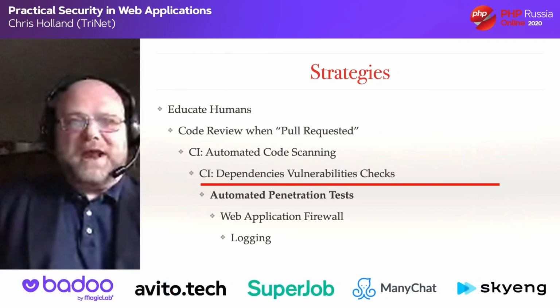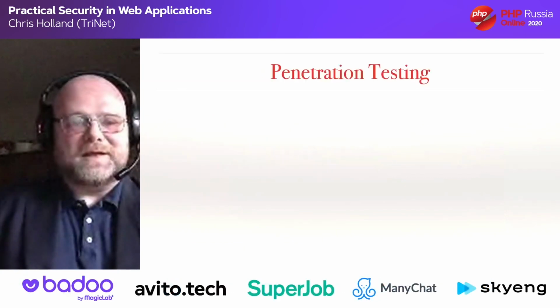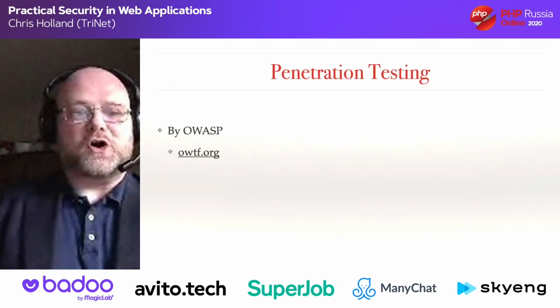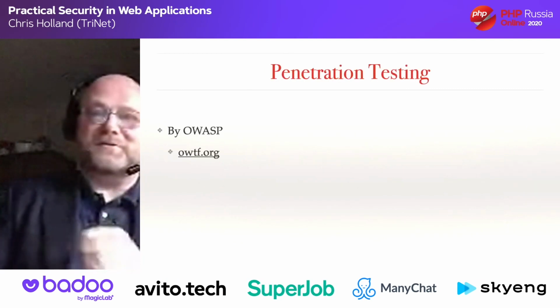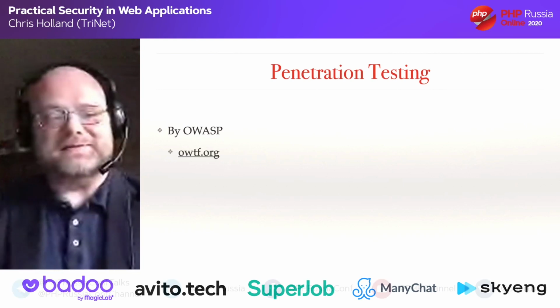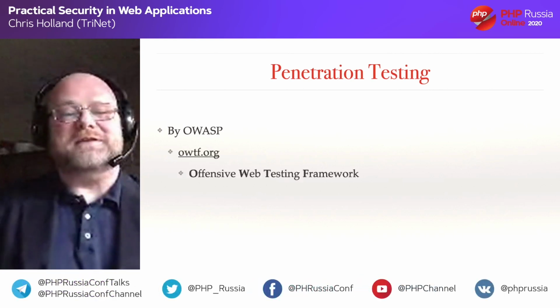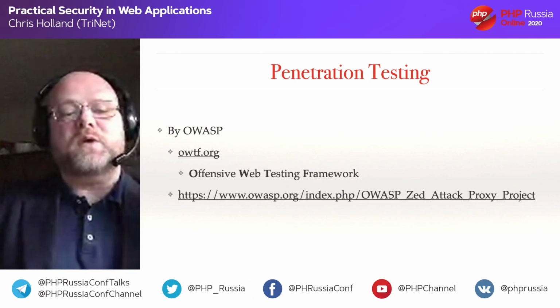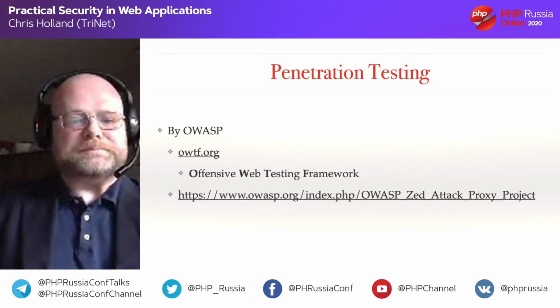Now let's look at automated penetration tests. So OWASP has created a project called OWTF, which does not stand for what you might think it stands for. It means Offensive Web Testing Framework. They've also made one called the Zed Attack Proxy.